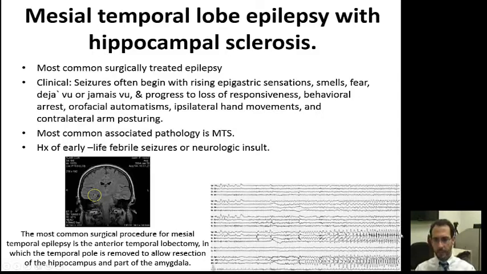This is a typical EEG pattern for this kind of etiology from the mesial temporal lobe epilepsy. You can see the firing, and these leads are mainly localized toward the temporal lobe. You see the other parts of the brain will be spared.